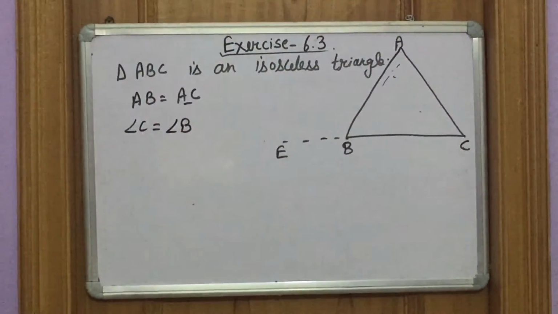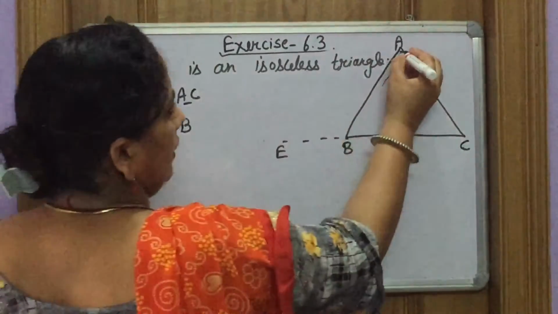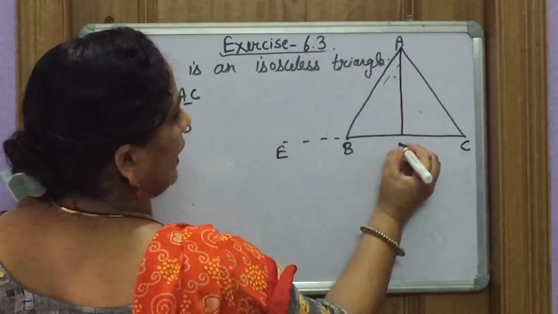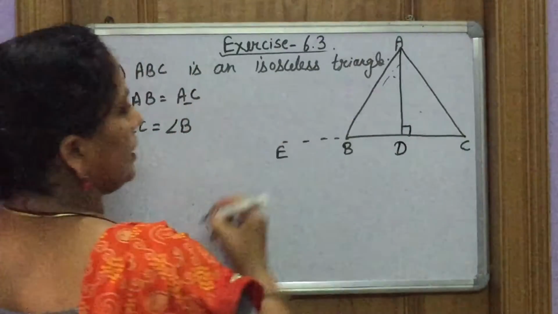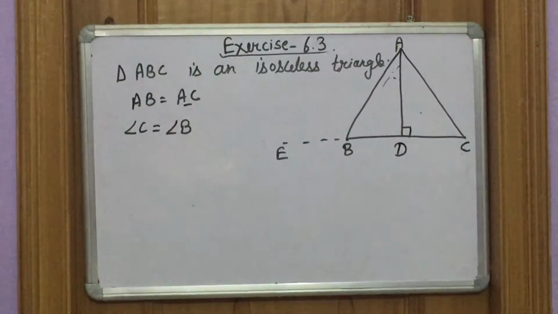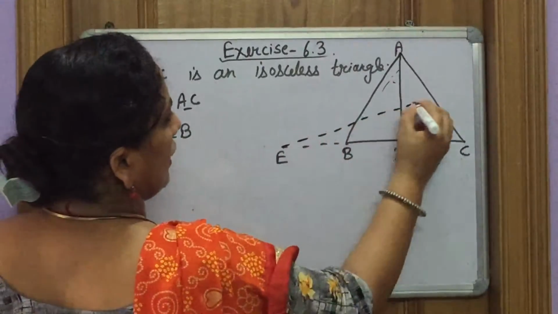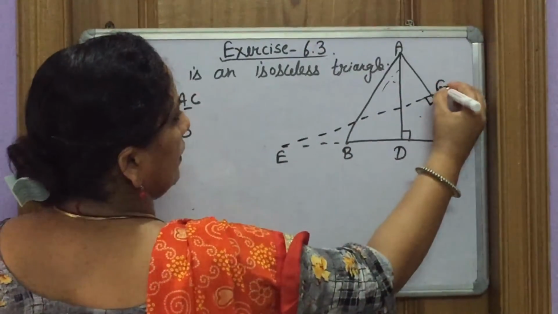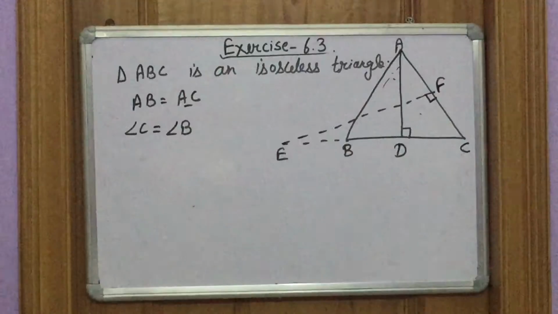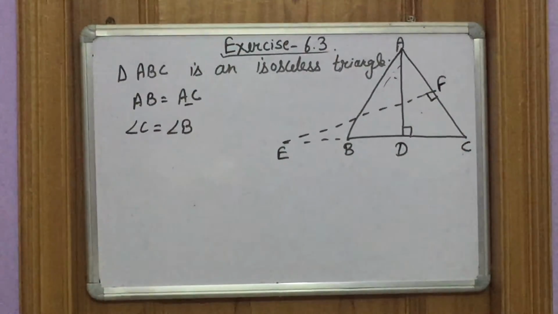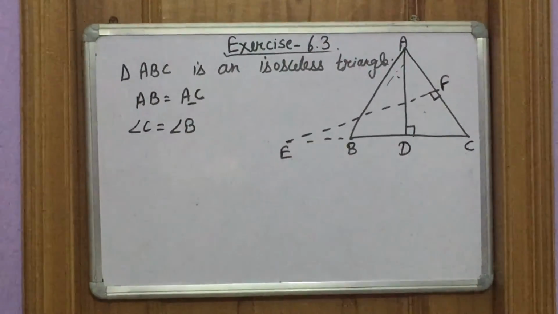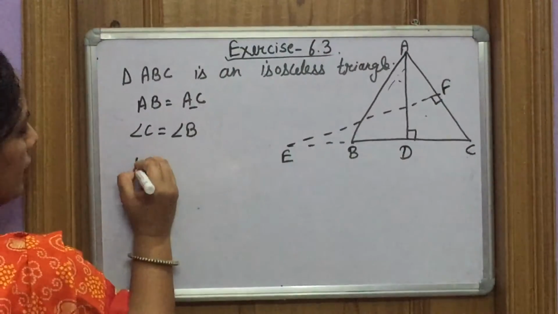And in addition, in this question, AD is a side which is making angle 90 degree with base, and E to F, again here we have 90 degree angle.